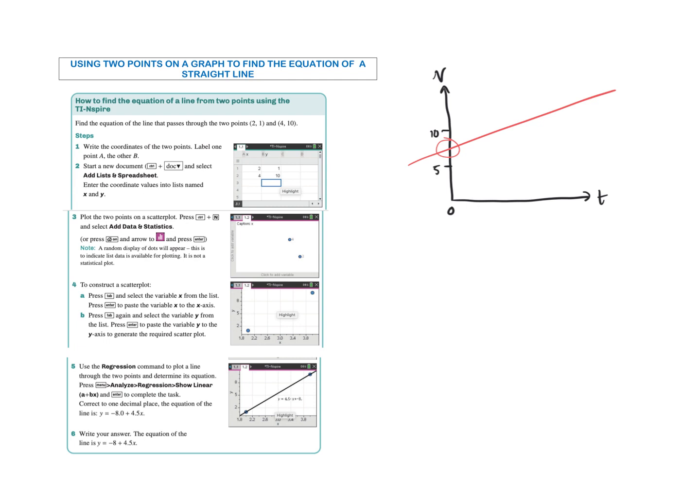So we can actually find the equation on the calculator using our 2 points. You know how we still use the 2 points for the slope? Well, all we need is those 2 points, and then we can pop them in the calculator and it will tell us our a and b value. So we're going to practice that here.